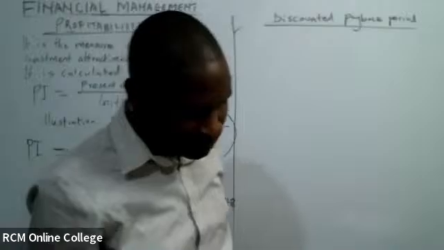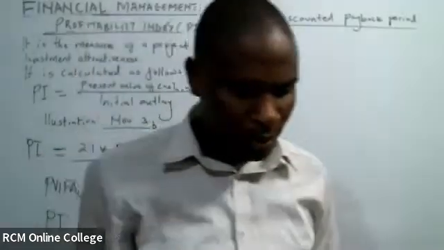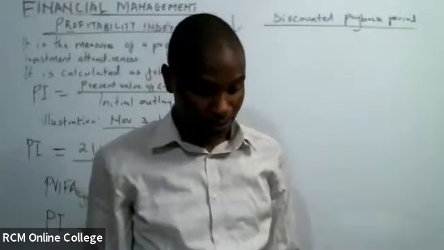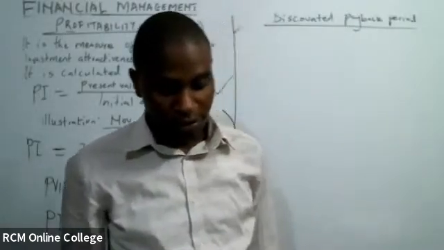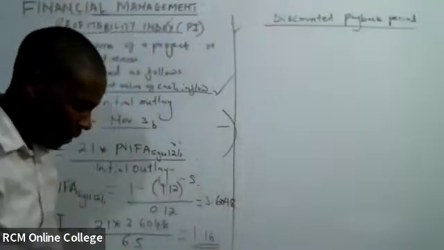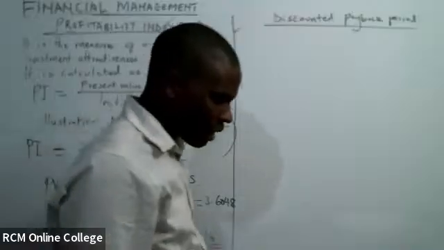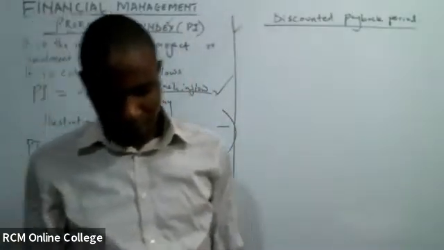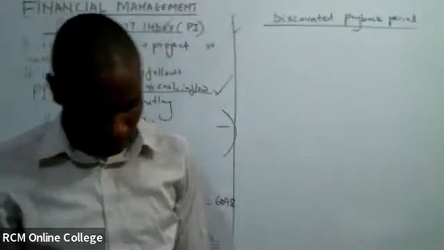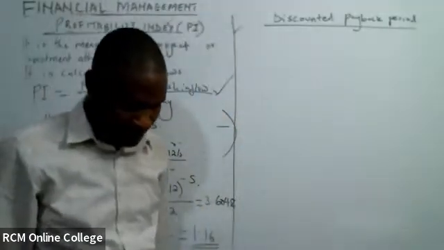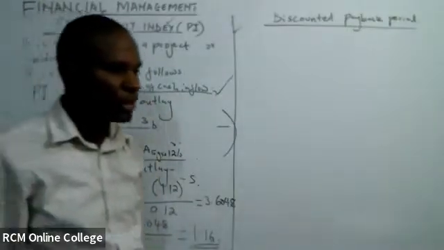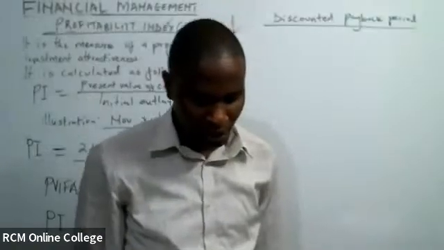You say that a discounted payback period gives the number of years it takes to recover the initial investment, by discounting future cash flow, and recognizing the time value of money.